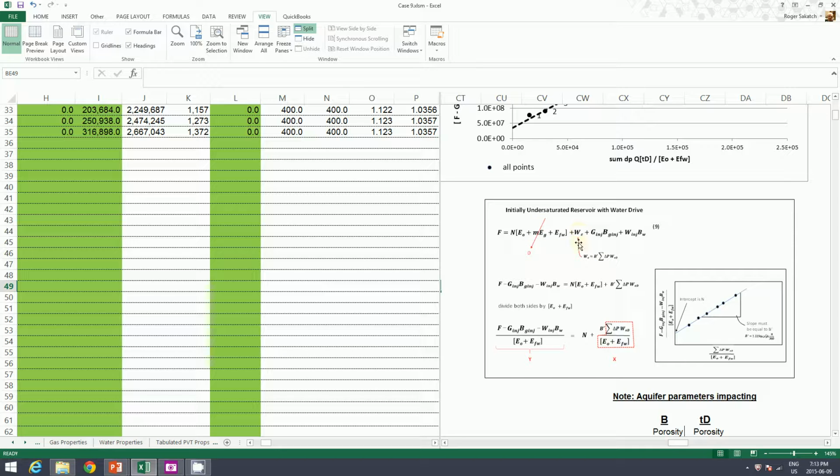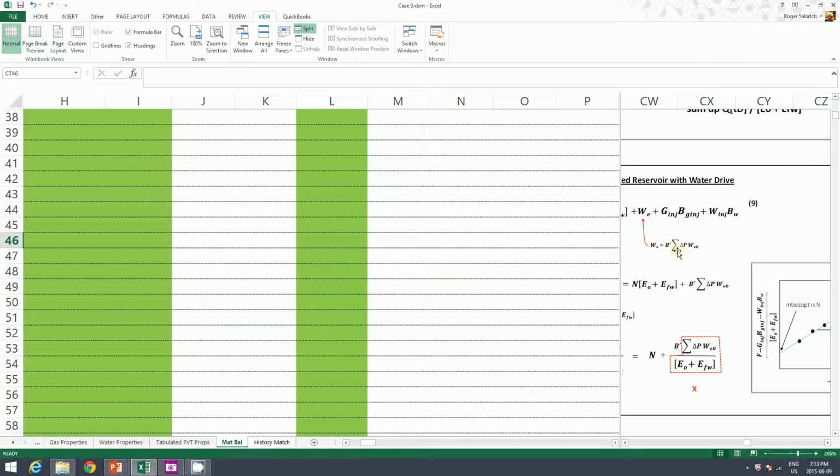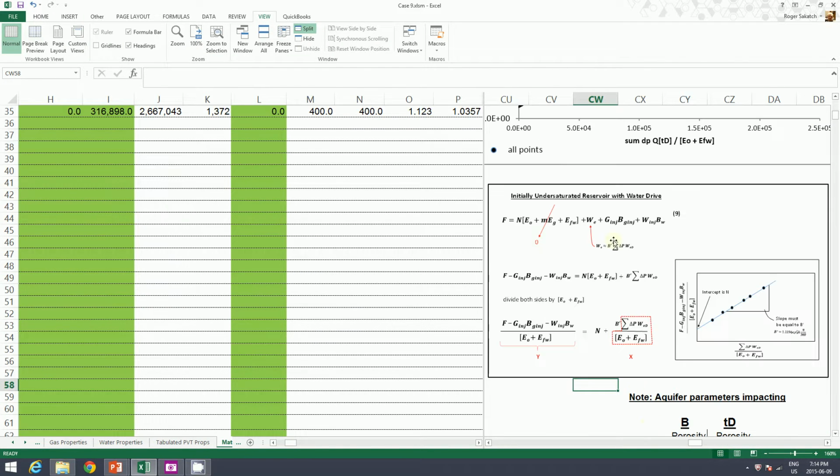And the cumulative water influx, which is W sub E, can really be written as an aquifer constant B times the superposition summation of the change in the reservoir pressure times the dimensionless water influx. So that term can be rewritten in that form, and therefore we end up with this equation down here.